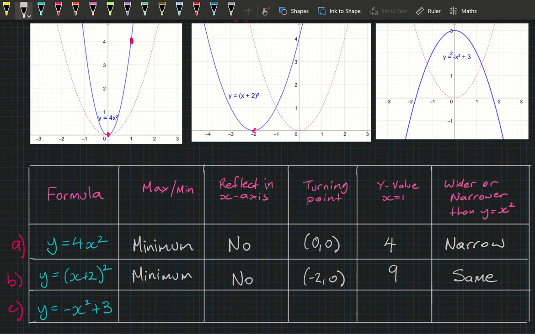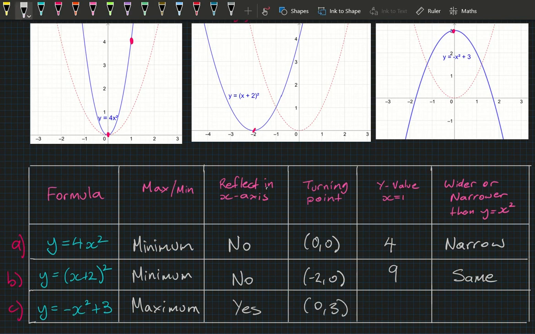And finally, part C is y equals -x squared plus 3, which is the last one on the right here. It's a maximum, you can see, because it's a negative one. And that means it's definitely reflected in the x-axis, so that's a yes. Hopefully you can see the connection between minimum, no, and maximum, yes. All right, so the turning point is this point here. That has an x value of 0 and a y value of 3.